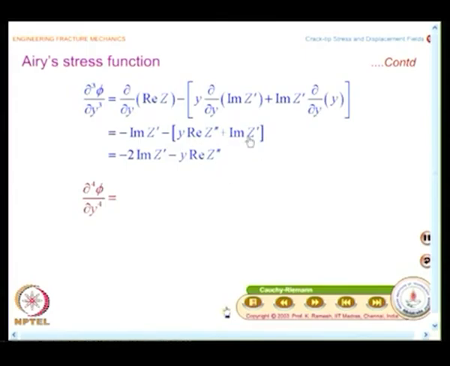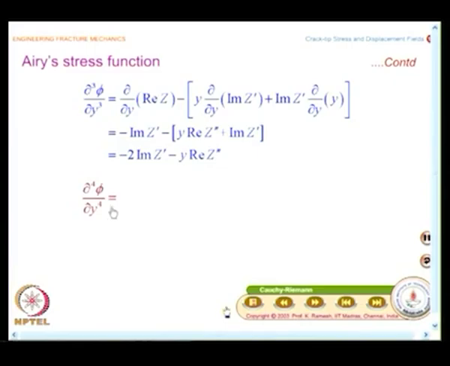So, these two add up. So, I have this as minus 2 times the imaginary part of z prime minus y real part of z double prime. See, our ultimate objective is to see whether the biharmonic equation is satisfied.